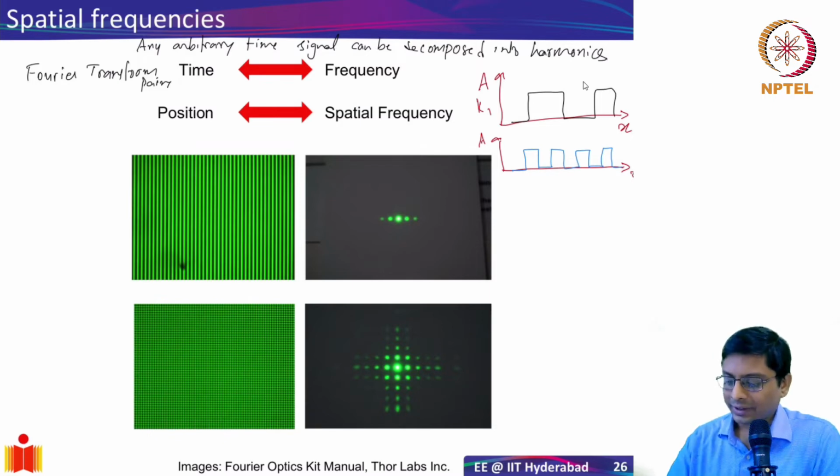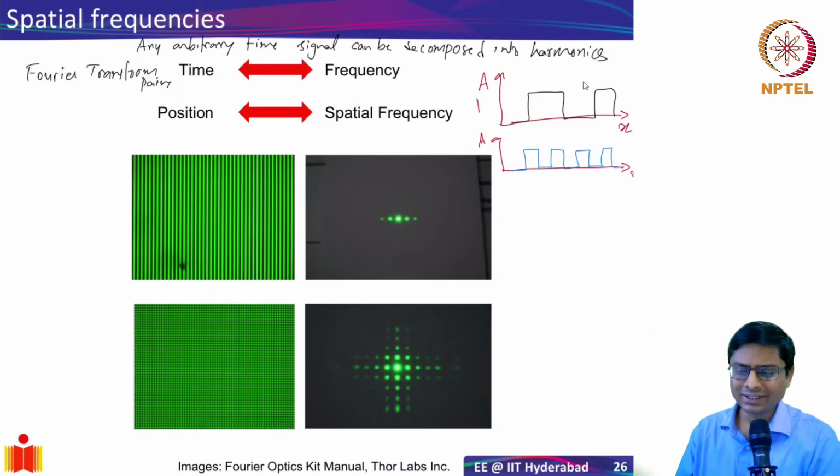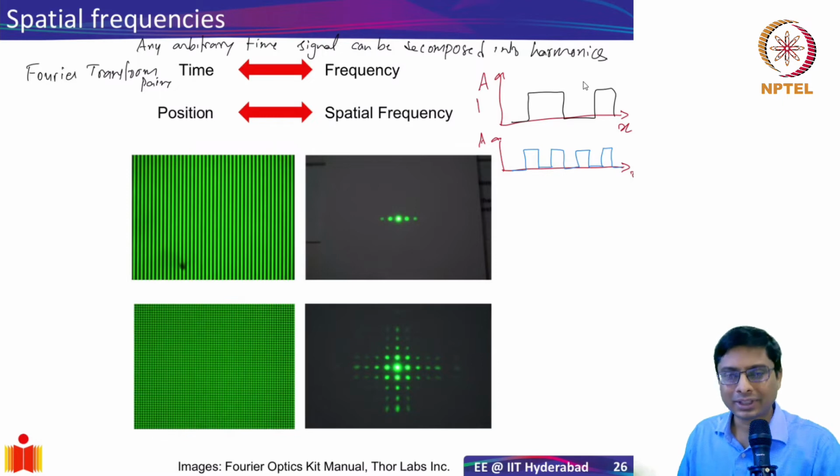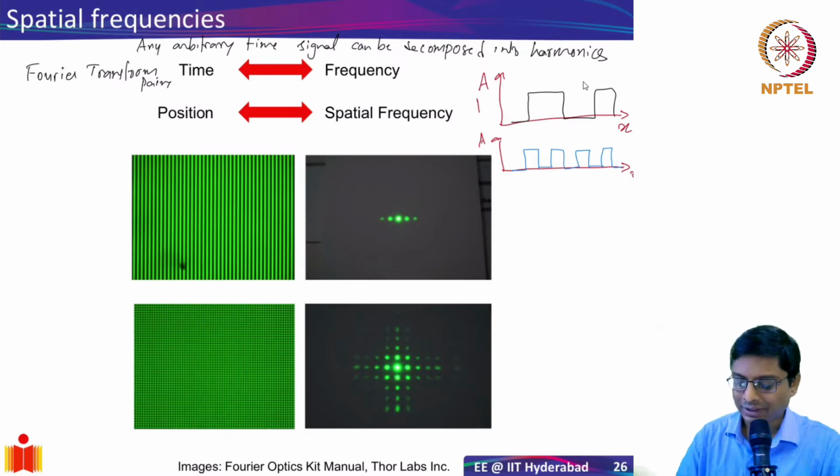But effectively we can say that signal 2, in blue at the bottom, has higher spatial frequencies, whereas signal 1 has lower spatial frequencies. And this is exactly analogous to regular Fourier theory, where the basic harmonics are sine waves.